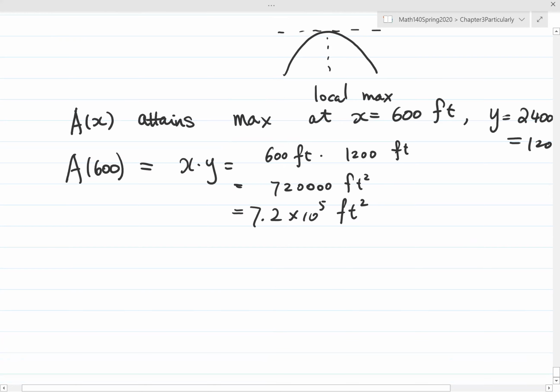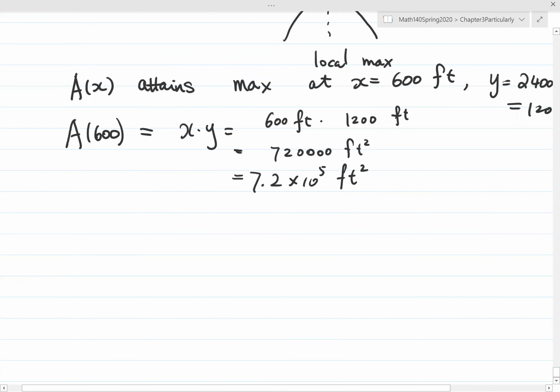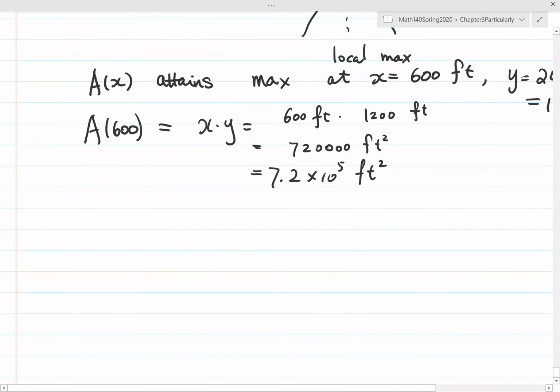Okay, let's see another problem. Example: suppose we have a box with a square base and an open top.